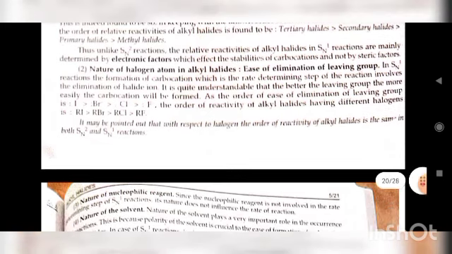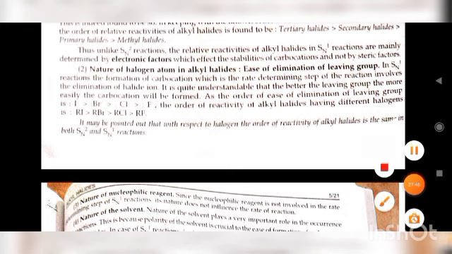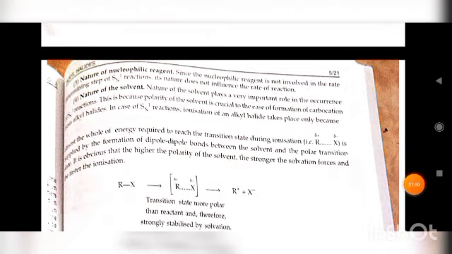As the order of ease of elimination of leaving group is iodide ion, then bromide ion, then chloride ion, then fluoride ion, the order of reactivity of alkyl halides having different halogen atoms is alkyl iodide, alkyl bromide, alkyl chloride, and alkyl fluoride. It may be pointed out that with respect to halogens, the order of reactivity of alkyl halides is the same in both SN2 and SN1 reactions. Nature of nucleophilic reagent.